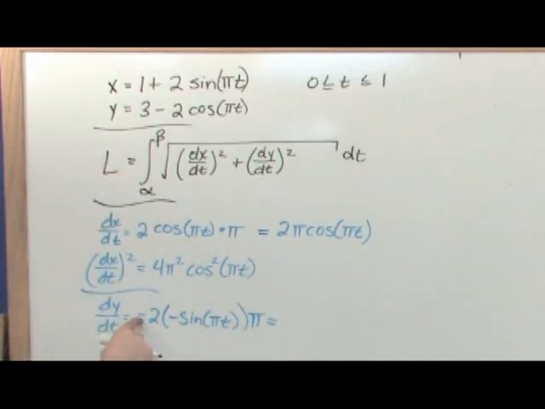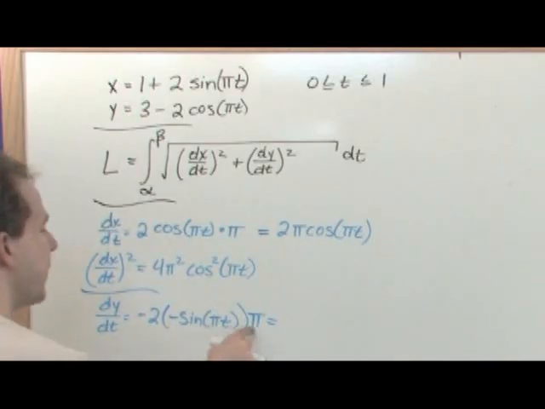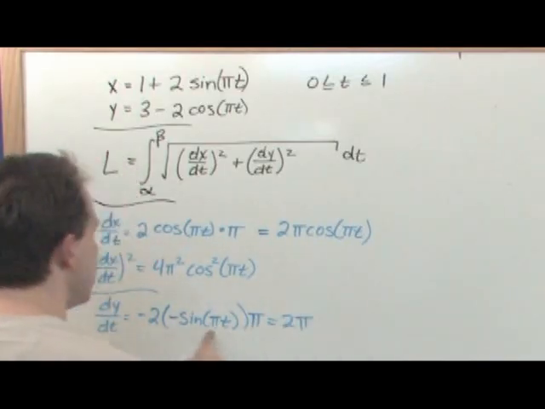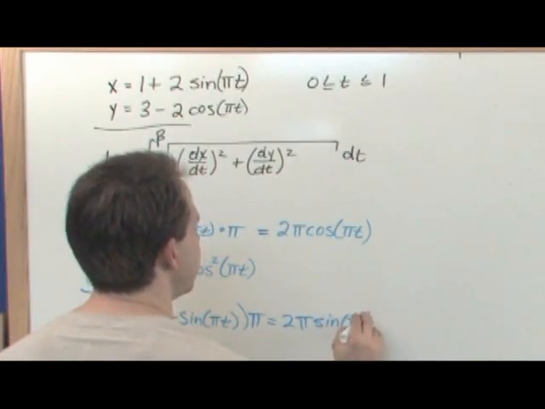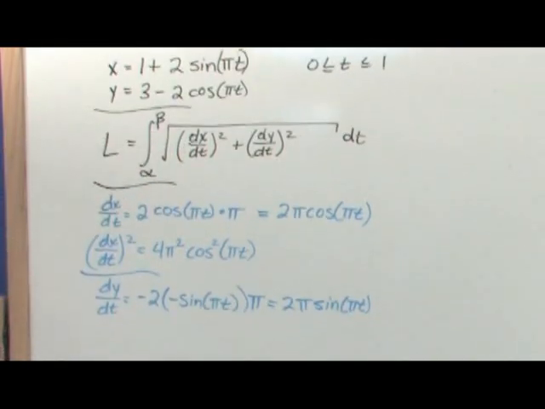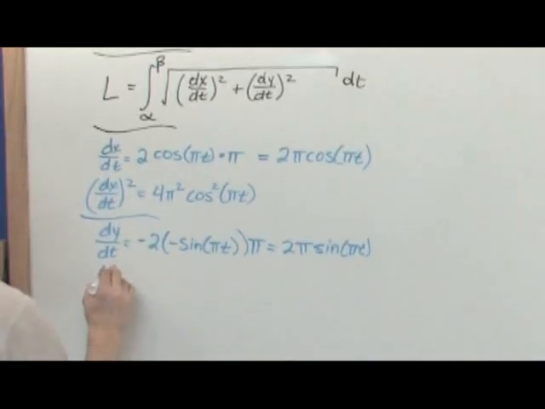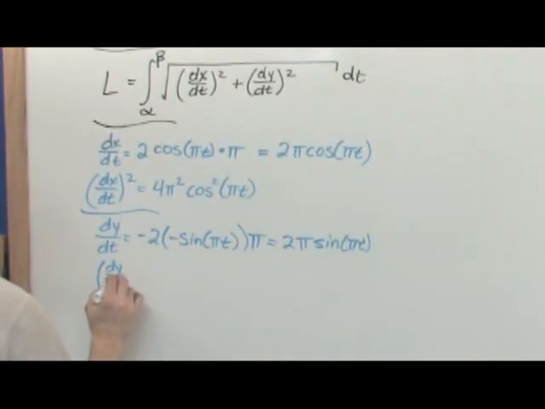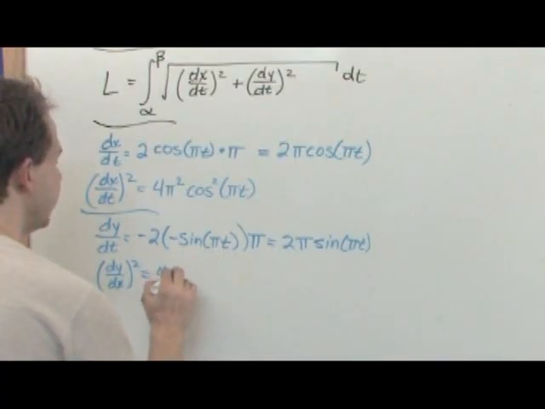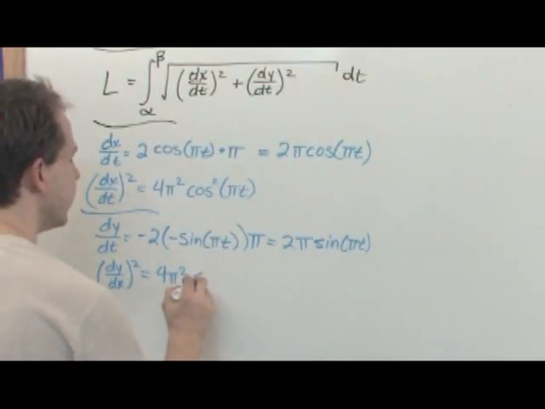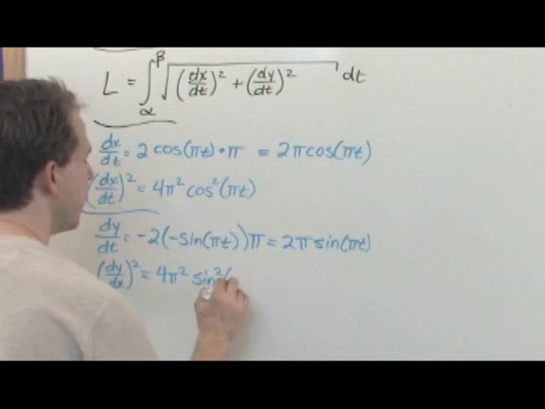So negative times negative gives us positive 2 pi times the sine of pi t. So that's the derivative, 2 pi times the sine of pi t, and then dy dt squared, we're going to square this, is going to be 4 pi squared times sine squared of pi t.